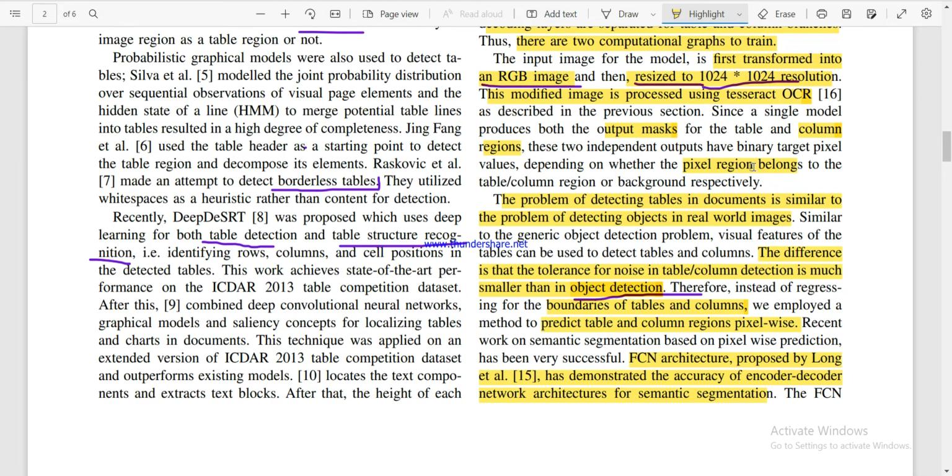Then the problem becomes the same as the object detection problem, so they use semantic segmentation based on pixel wise prediction, and that's why they are using the FCN architecture.